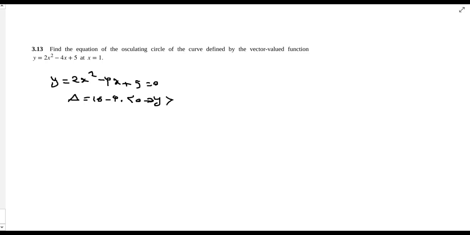So y is always positive, and the function will be something like this, which passes through the point 5. So if we want to find the point at x equal to 1, y will also be equal to 3.